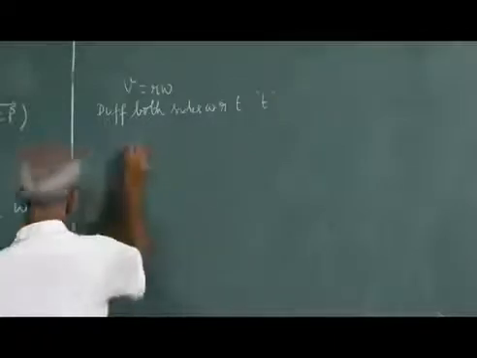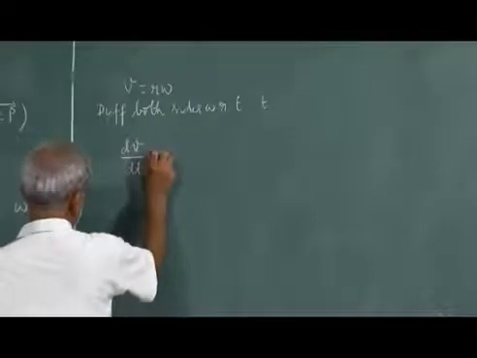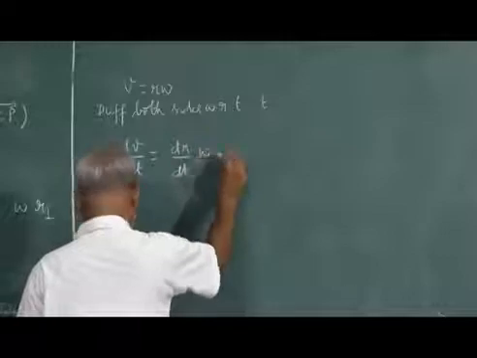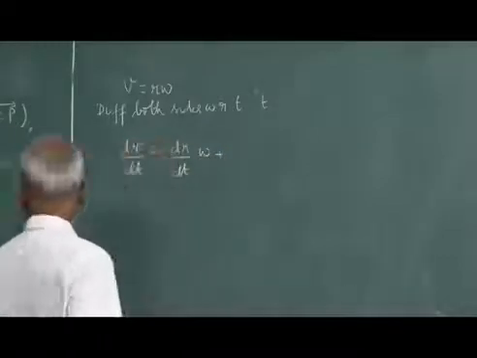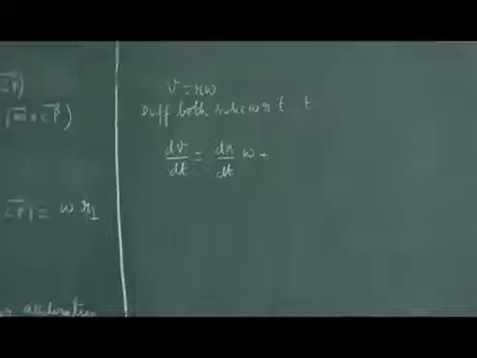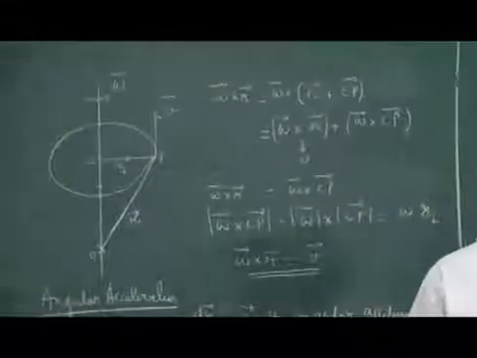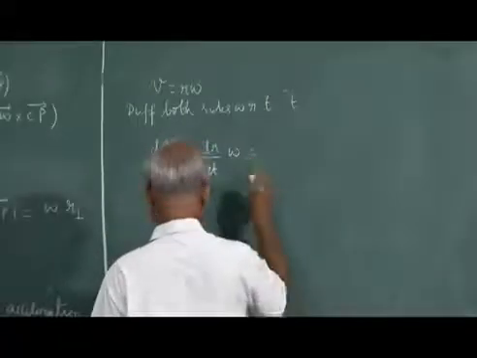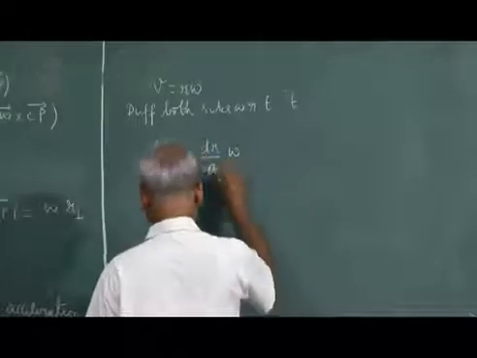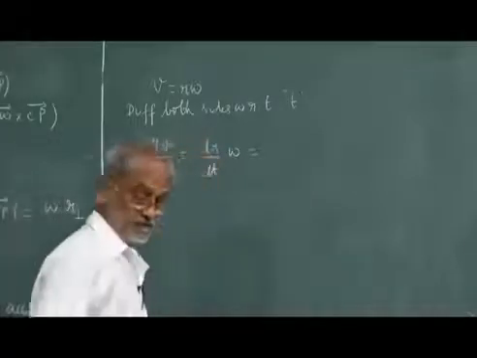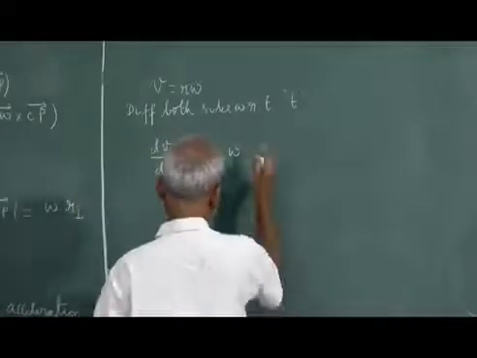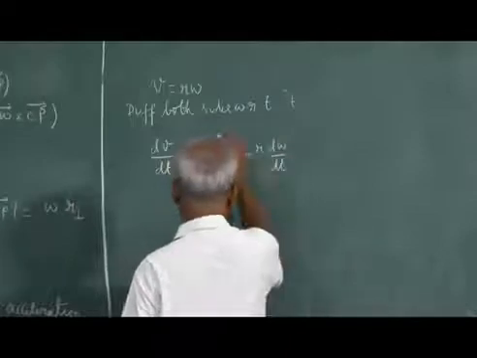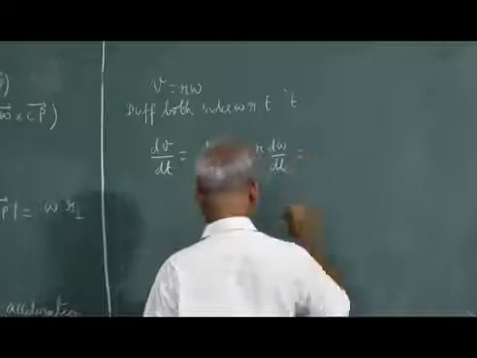What do we get? dv by dt is equal to dr by dt times omega plus, and remember the particle is actually moving on a rigid body, therefore dr by dt is 0, so I need to write the other term, r times d omega by dt. This is not going to change for a rigid body, therefore it is simply r alpha.